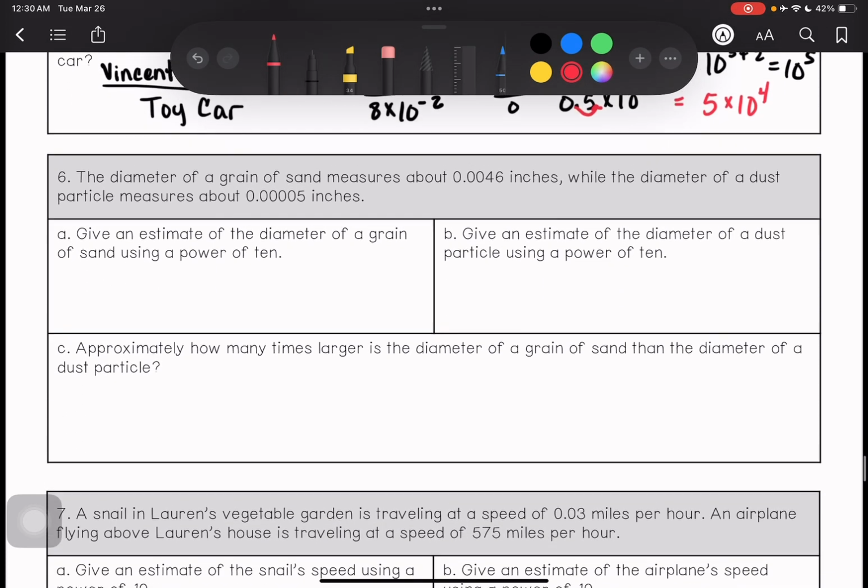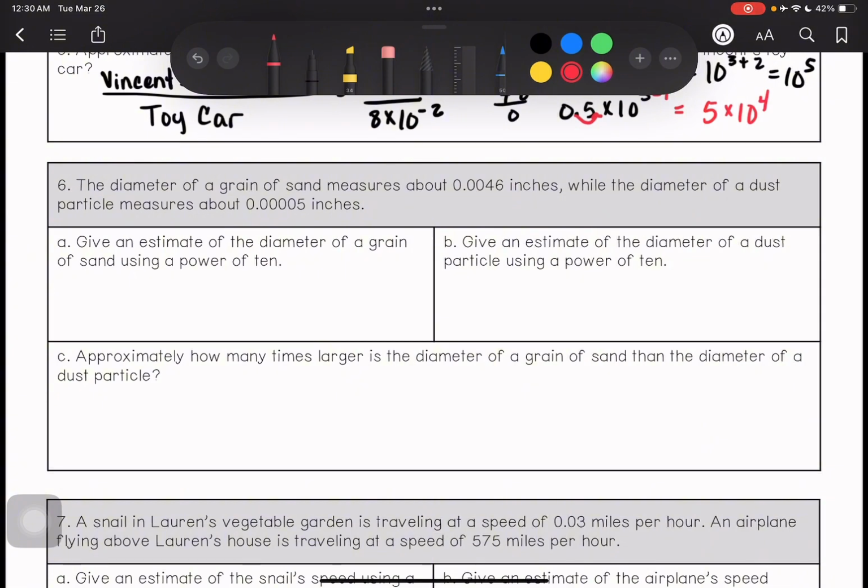Number 6, the diameter of a grain of sand measures about 46 ten-thousandths, while the diameter of a dust particle measures 500 thousandths. Give an estimate of the diameter of a grain of sand using the power of 10.